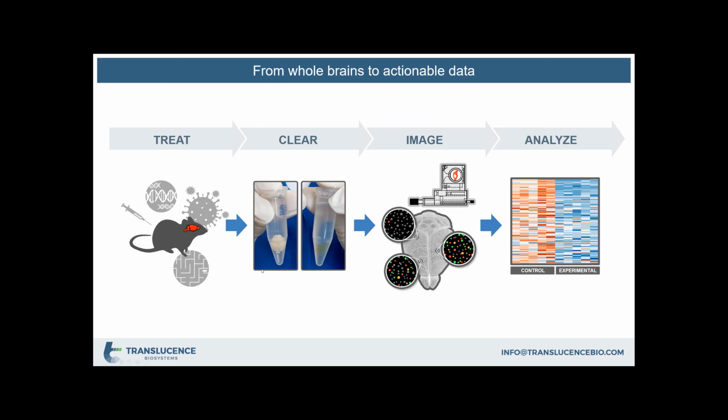We focus on brains, as many people do, because we're neuroscientists, but of course these methods can be applied in virtually any tissue or experimental paradigm you may work in.